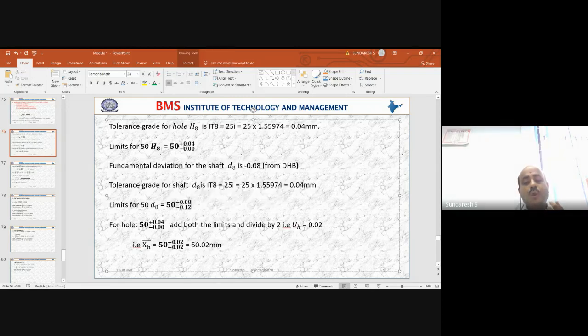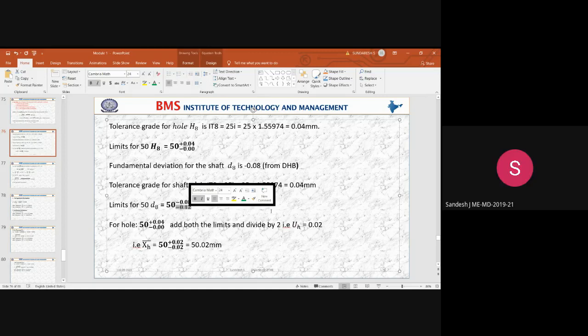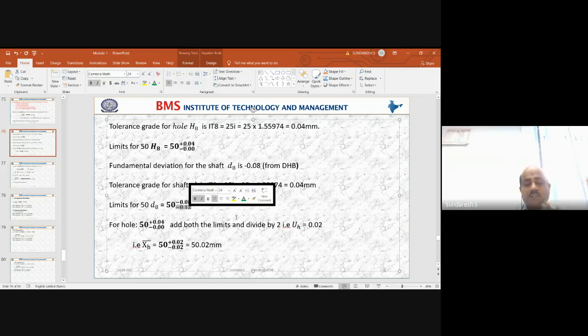How do we get the lower limit? Deviation of the shaft plus tolerance grade of the shaft. That's it. Okay. Tolerance fundamental deviation is 0.08.